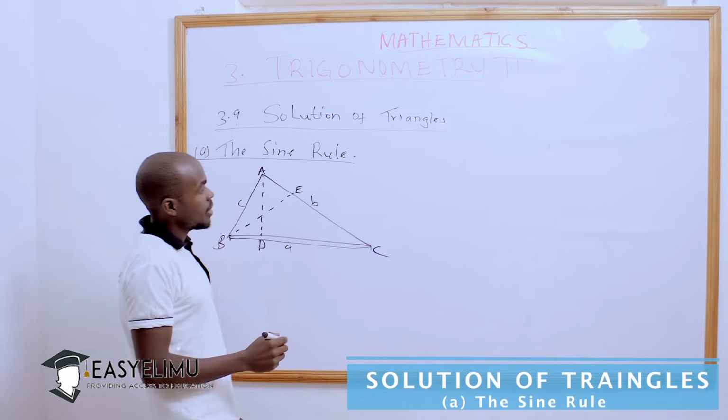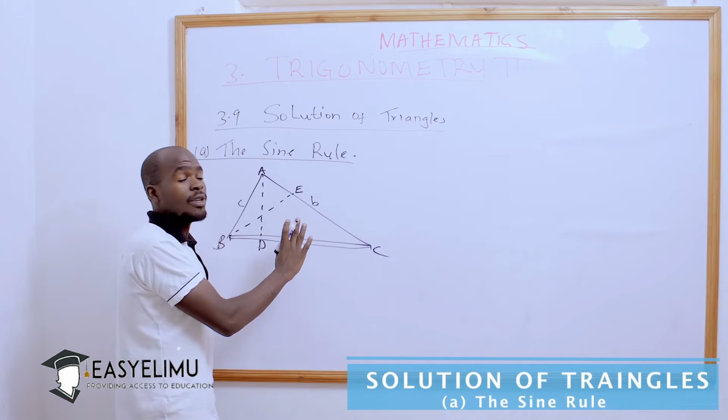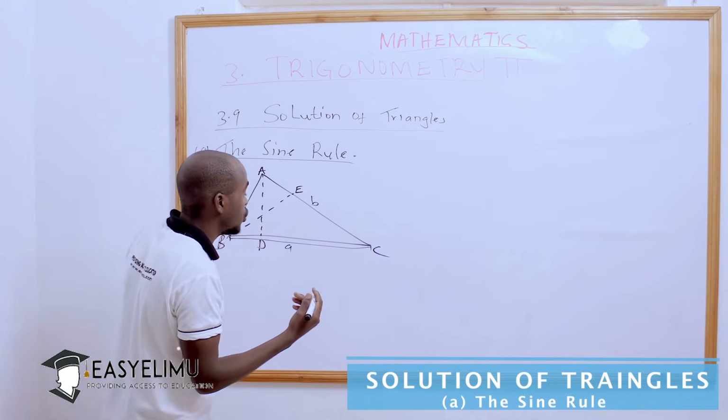This one is for an acute angle, so we need to draw another one for an obtuse angle.